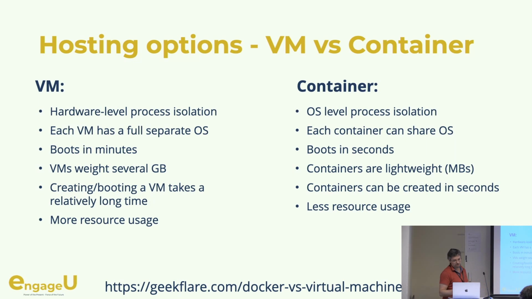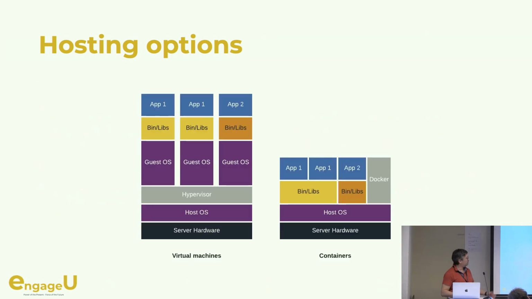So, of course, because of all this, it uses very few resources, which are used for your process to run, for your app. So here is a small graph showing the architecture difference between virtual machines and containers.